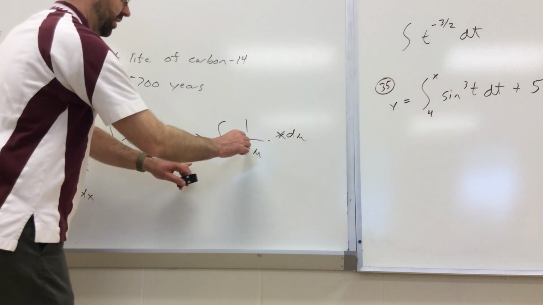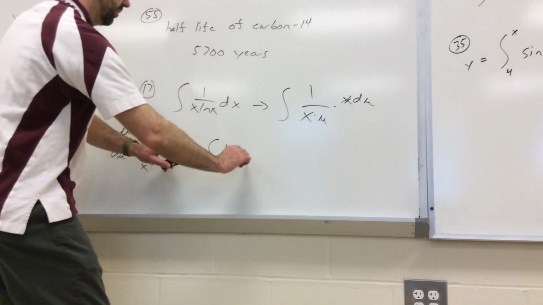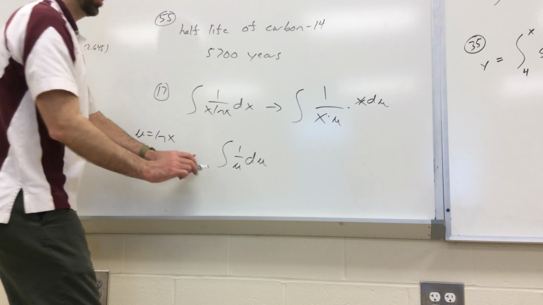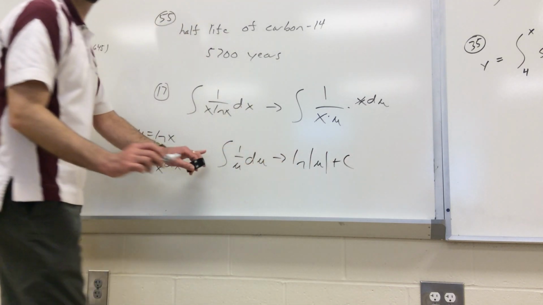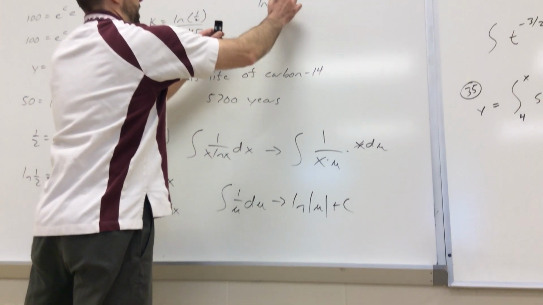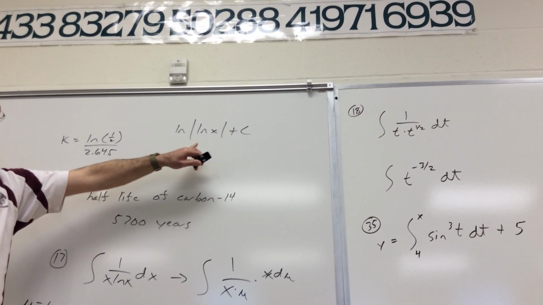The x's cancel, so we really just have the integral of 1 over u du. That's the natural log of the absolute value of u, which is the natural log of the absolute value of the natural log of x plus c, just plugging back in what u was.